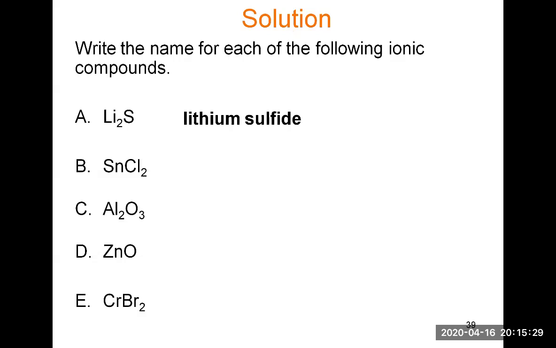Compound B is SnCl2. So Sn, if you find it in the periodic table, is tin. Tin is in group 4A. The metals from group 4A are not predictable ions.